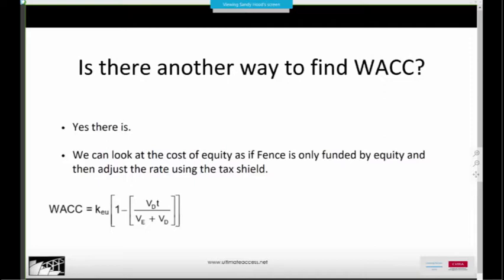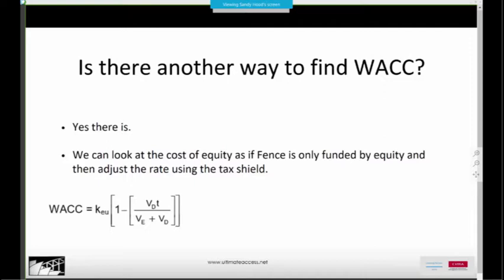In the little formula in front of you it says KEU, that's the ungeared cost of equity of this particular firm, and we're going to multiply that by 1 minus effectively the tax cost divided by the total capital employed. So what that does is it brings down the total weighted average cost of capital.